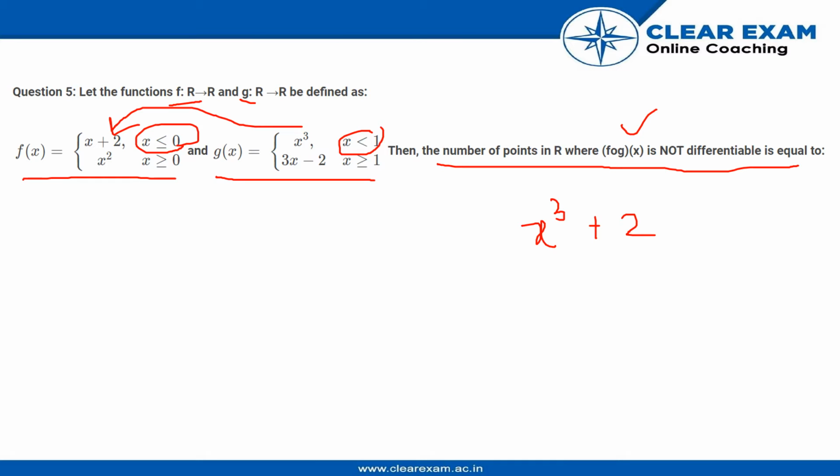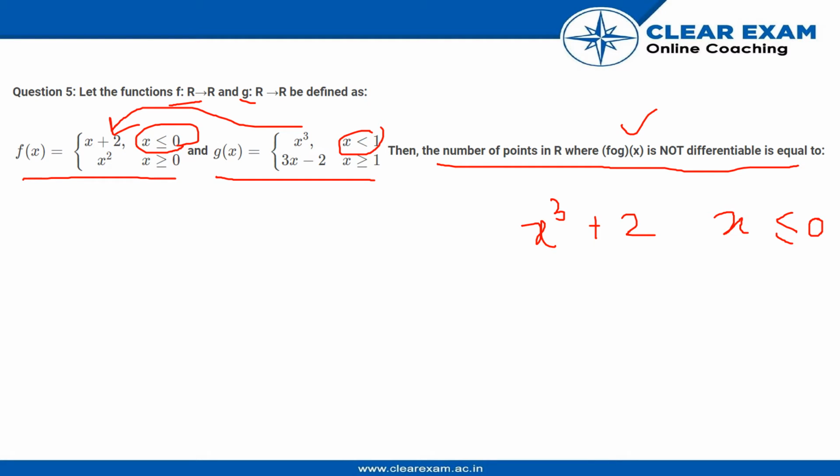Or if we were doing g of f of x, we would get x plus 2 the whole cube. So here we get x cube plus 2 for x less than or equal to 0, because these two domains satisfy the condition for x less than or equal to 0.